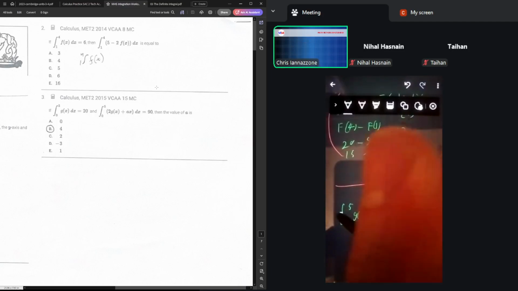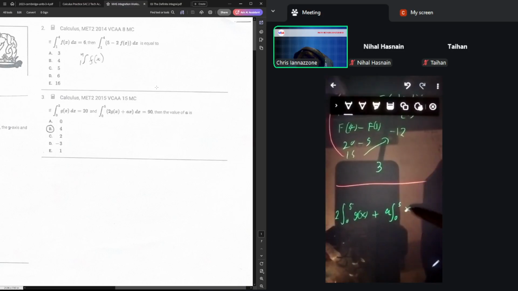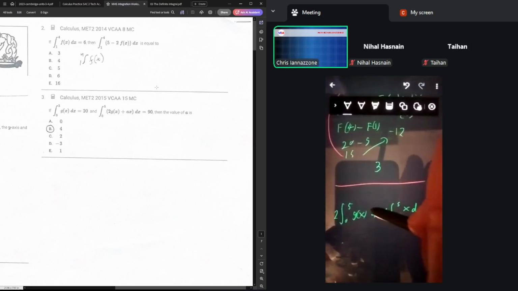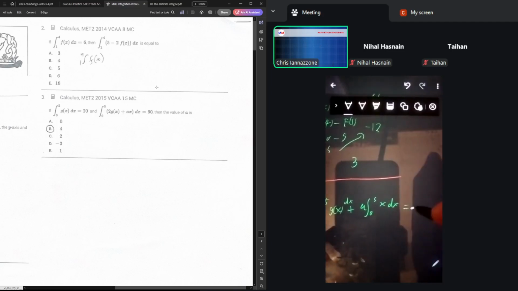I'll just go ahead and put that 2 on the outside already. And the other integral is going to be the integral of 0 to 5 of just x. I should have put my dx's on there. And we know the sum of those is equal to 90.